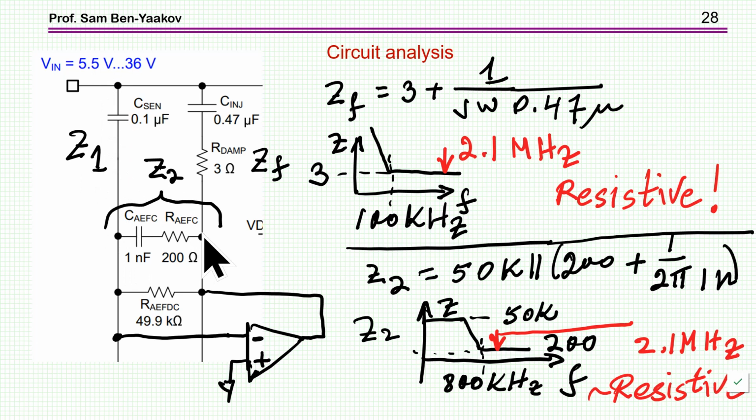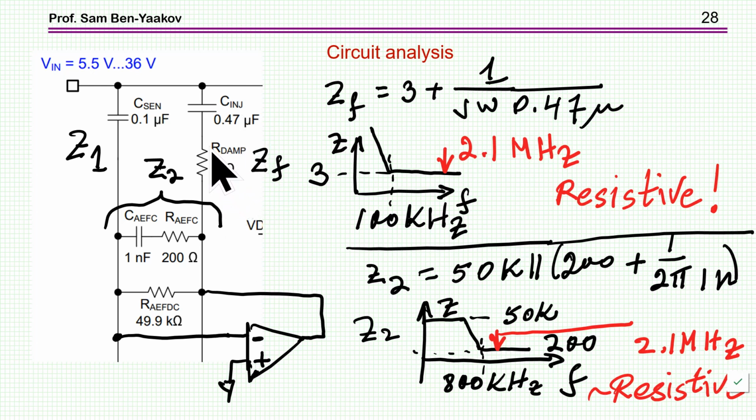Now, generally, Texas Instruments is talking about reflecting this capacitor and emulating a lower impedance, like a larger capacitor. So let's have a look at what is going on with this Z sub F. We have a 0.47 microfarad, 3 ohms.